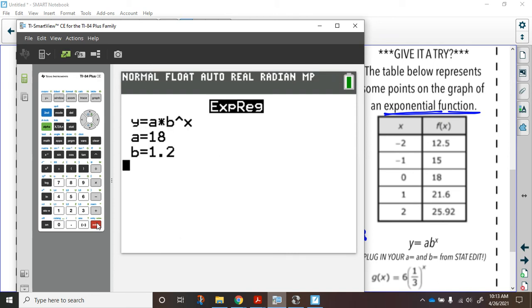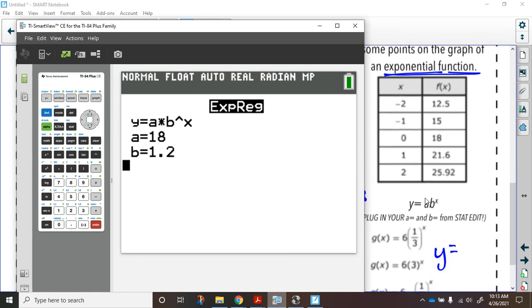And so this one, we're going to write it a little bit differently, but I have my A and my B values, and we should get y equals 18 times 1.2 to the x, which is not written.